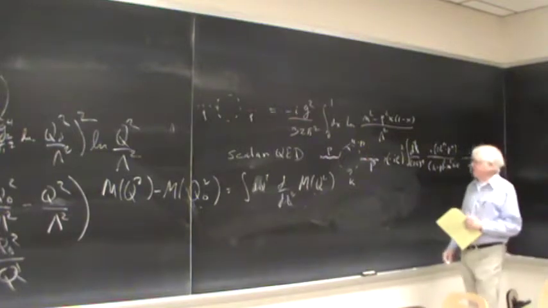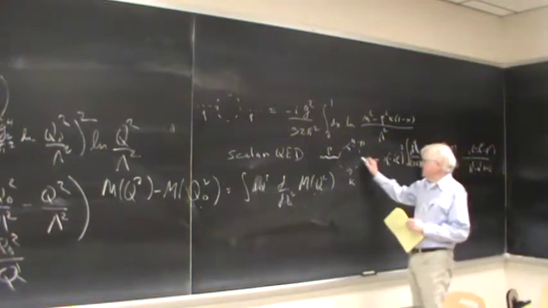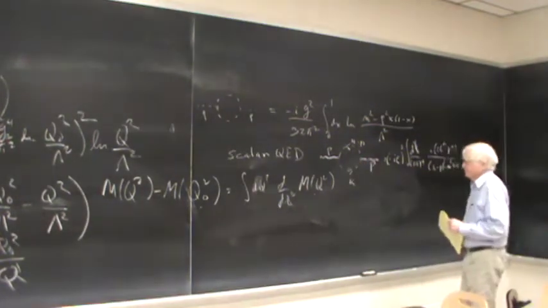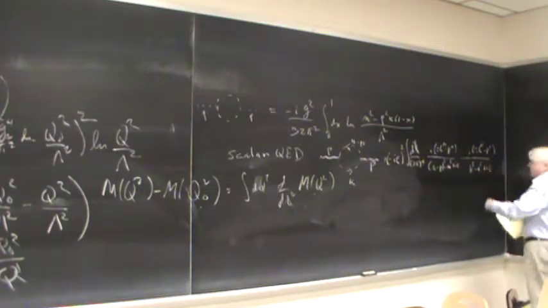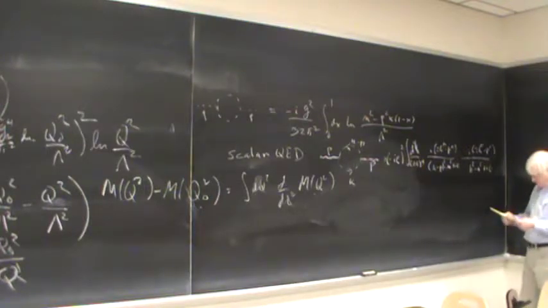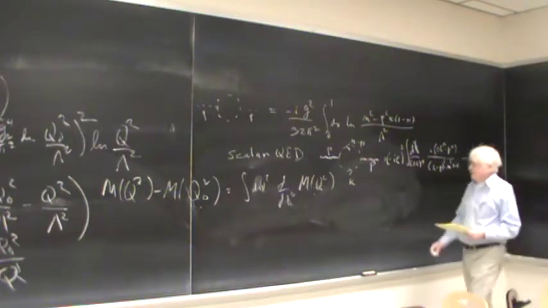What's going on here is that the vertex, you remember, that has two scalars and one photon has a derivative in it, the derivative acting on the scalar field. And that's why we have these extra factors of k minus p.